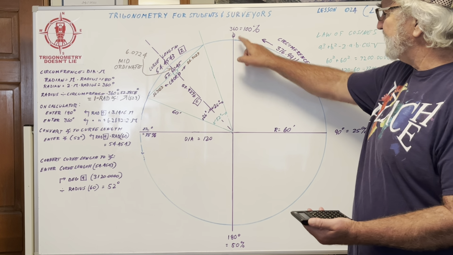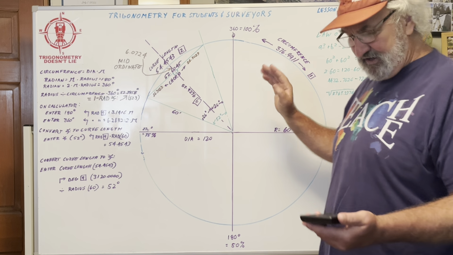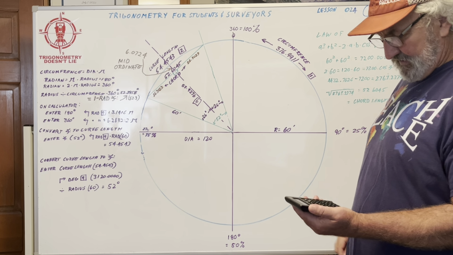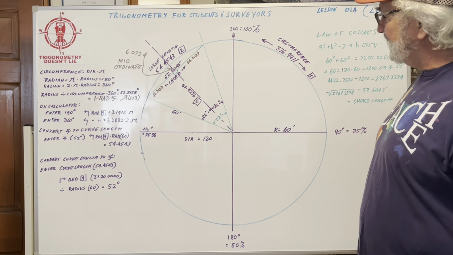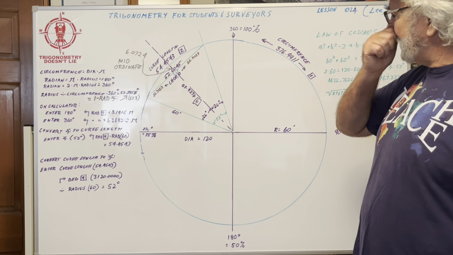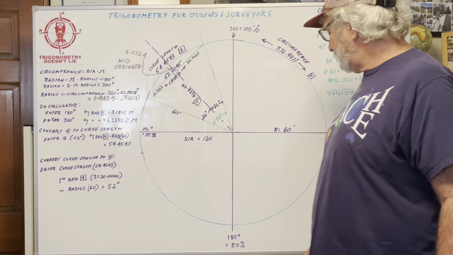Now we're going to multiply that times 360 degrees. And that gives us 52 degrees. Now we're back. That's how we do that. So we've solved the curve length from the angle, and then we solved the angle from the curve length.